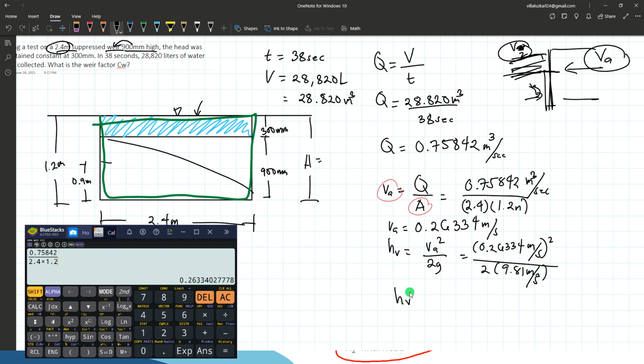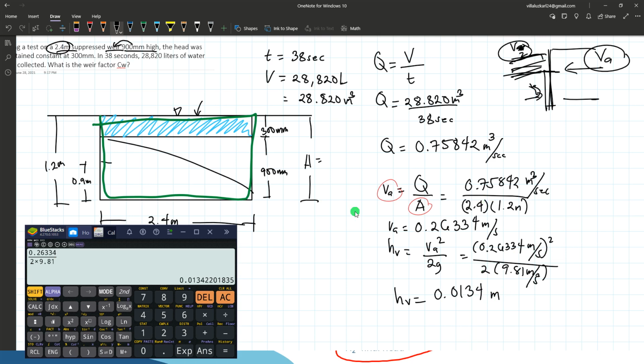So h of v is equals to 0.0134 meters. That's your velocity head for this problem.